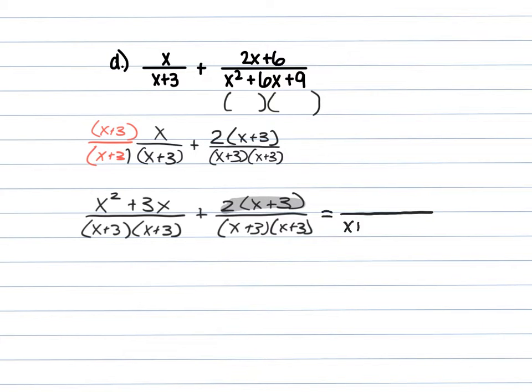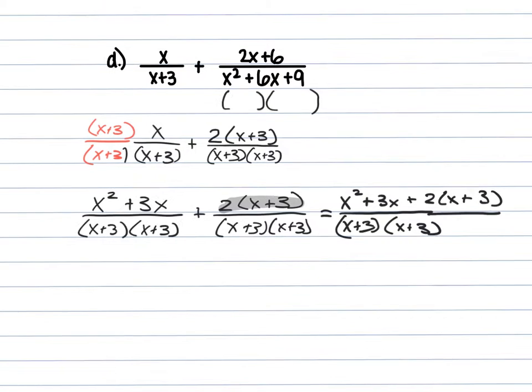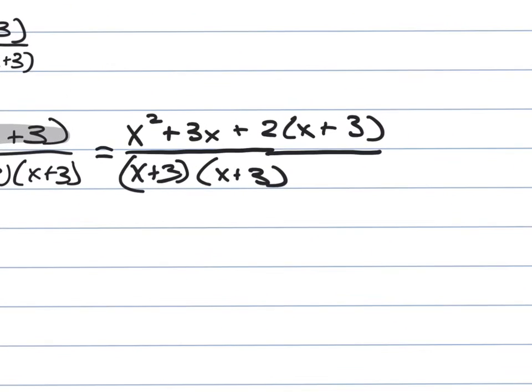We've got x plus 3 on the bottom. And on top, we've got x squared plus 3x plus 2 times x plus 3. Well, that right there still needs to be worked out. You can't cancel that out if things are being added or subtracted to each other. So let's just put this back together here, because that didn't help us at all.